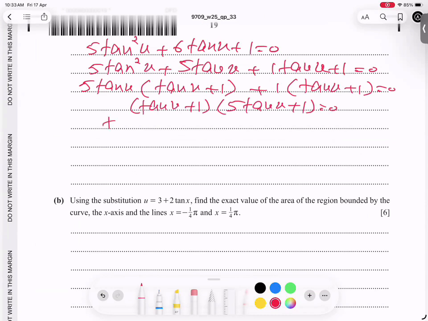Two values I'm getting, students. One value is tan x equals minus 1, and one value is tan x equals negative 1 over 5. This is not possible. Why not possible? Because it is out of range, but this one has a chance. But again, it is pi by 4, which is not possible. So I will ignore it.